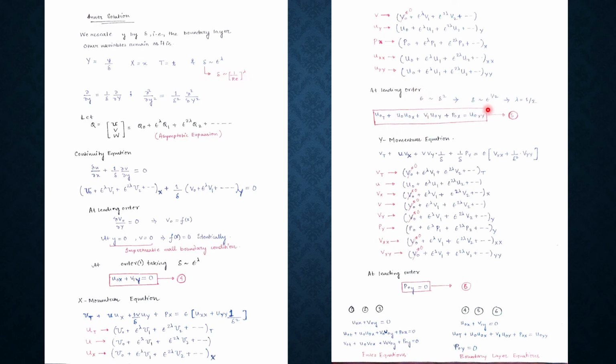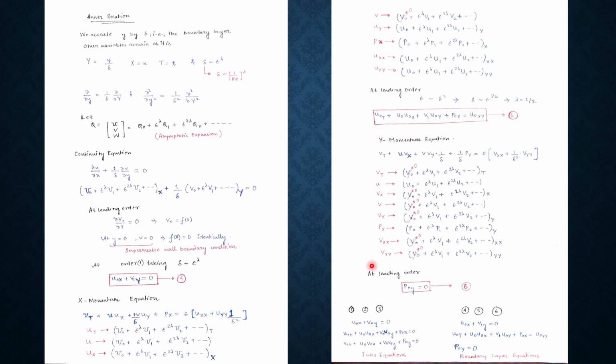This analysis satisfies the order of magnitude analysis that we had done previously, and delta is indeed proportional to the square root of 1 by Reynolds number. We would get this equation as the leading order: u0_t plus u0 u0_x plus v1 u0_y equals minus p0_x plus u0_yy.